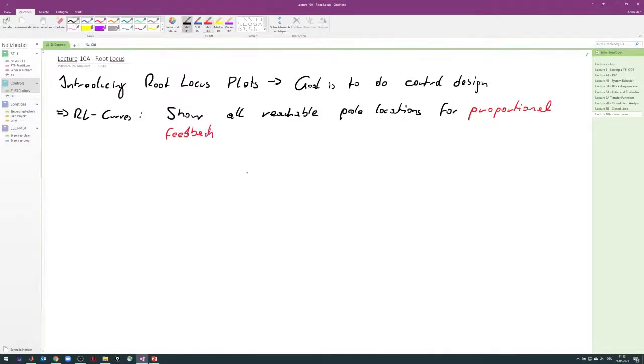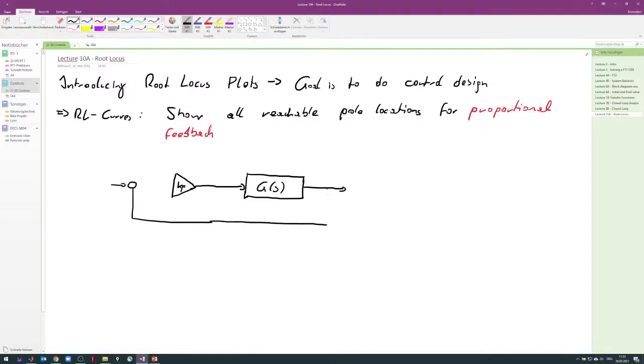Let's draw a block diagram. Let's say we have a system G of s, right? And now this system, like our espresso machine and aircraft, has some poles somewhere. And usually the goal in control is that you actually want to relocate those poles. And we know if we plug an artificial system, a controller, around it and close the loop, we're going to relocate these poles, right?